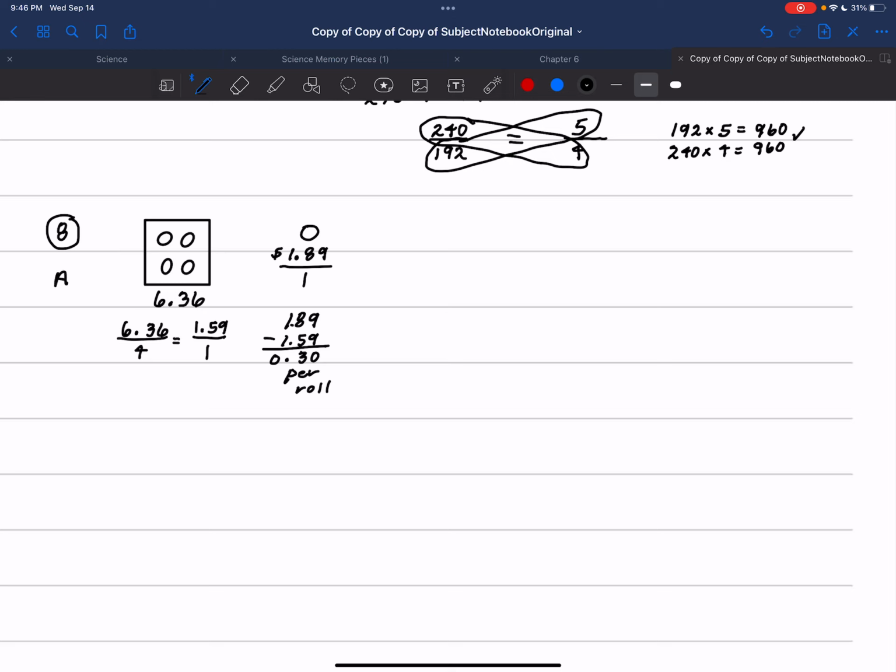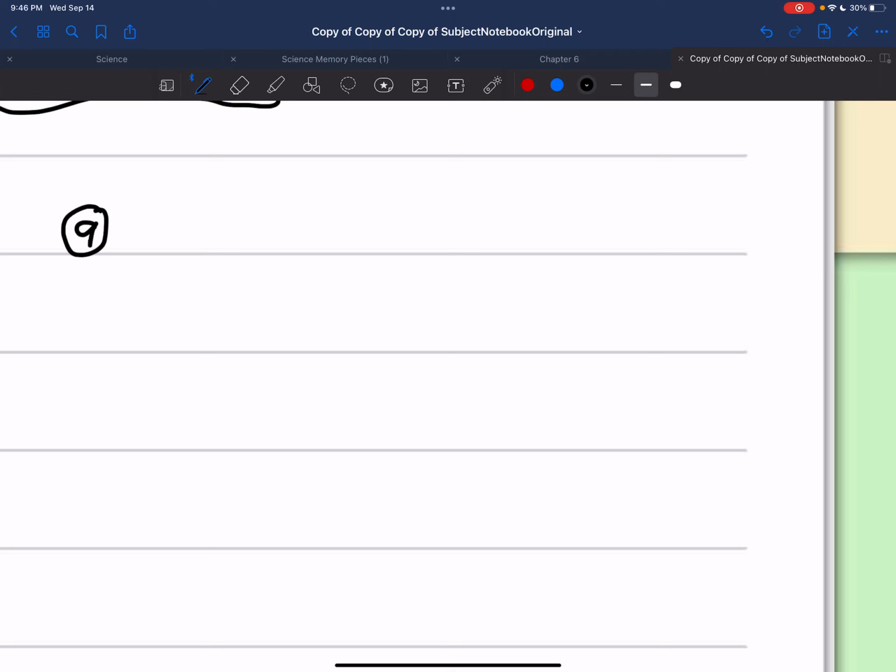Number 9. The ratio of paperbacks to hardbacks. Now notice that word to. On Celine's bookshelf is 5 to 3. And remember, that means the same as the word to.